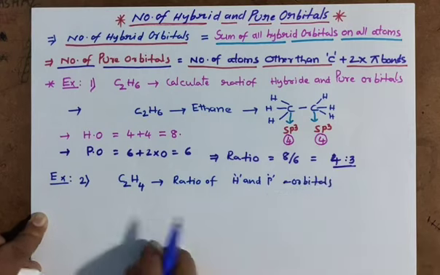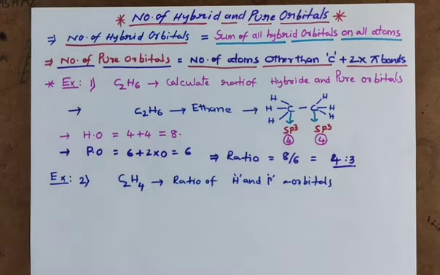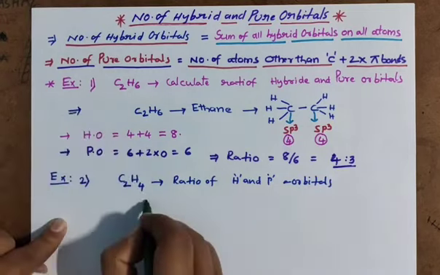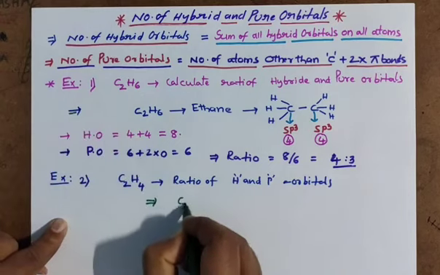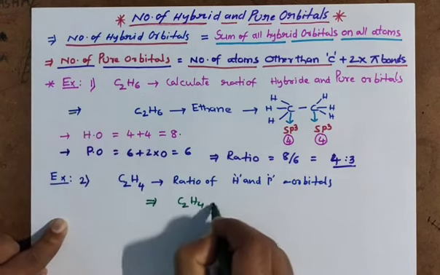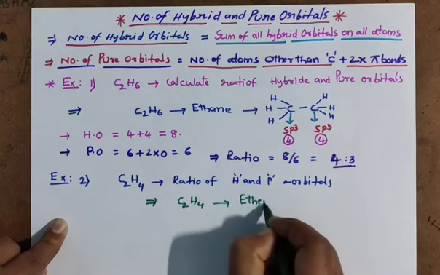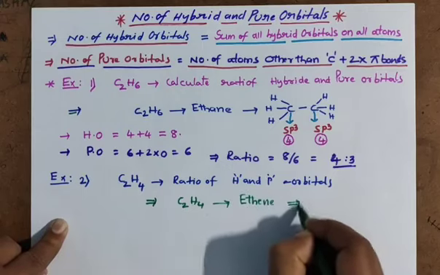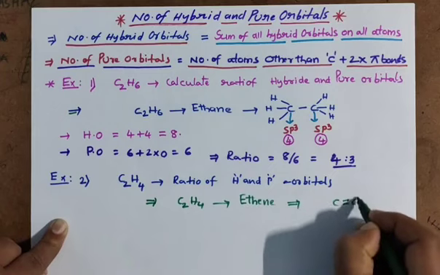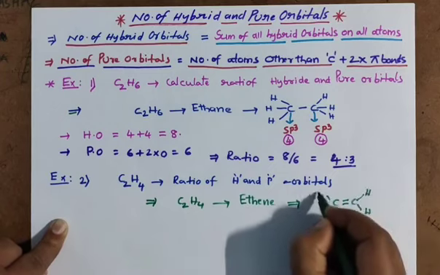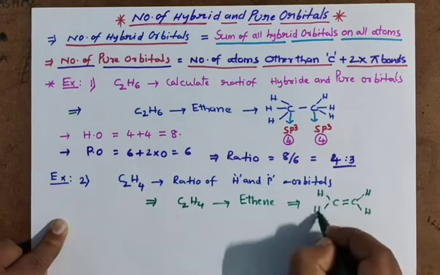We have to calculate hybrid and pure orbitals. So you go the same method. Look here, C2H4, nothing but ethene. The structure is C double bond C, 2 hydrogens on each carbon. This is the structure of ethene.